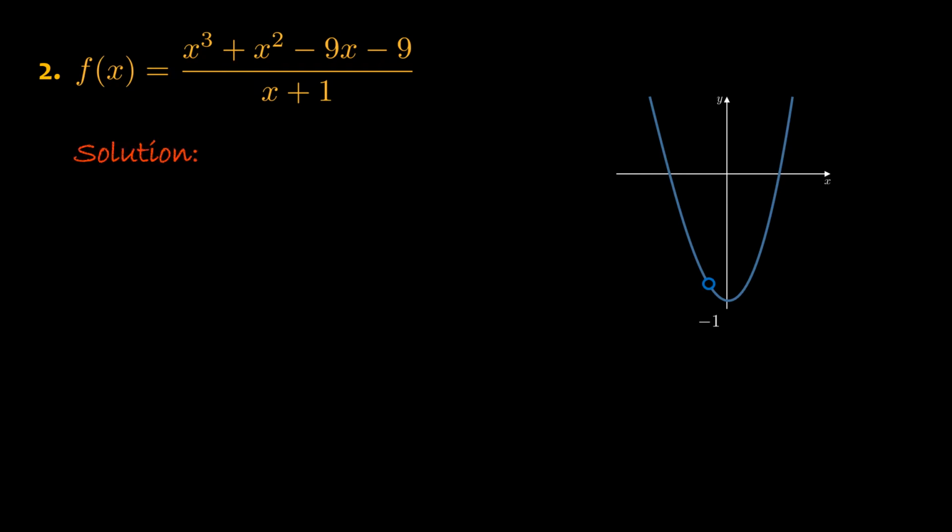Solution. The graph shows that f has a hole at x equals negative 1, which is a removable discontinuity. It means that f is undefined at x equals negative 1. F is discontinuous at x equals negative 1.